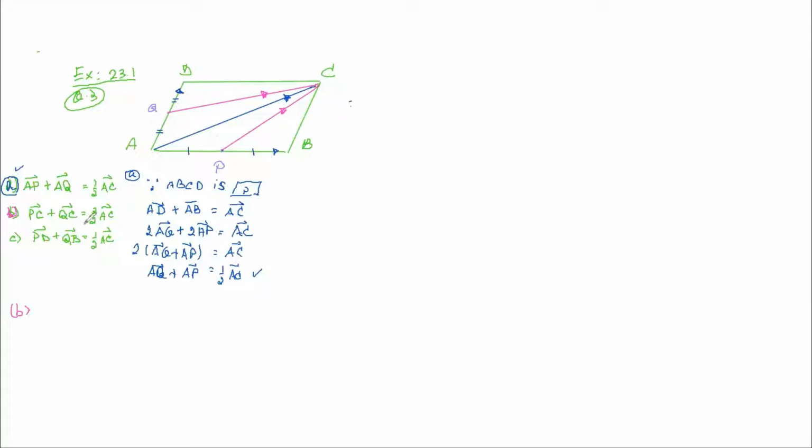Now we are going to do question B. We can observe any triangle which has PC and QC. For PC, we can use either triangle PBC or PAC. According to the letters, you can call it ACP or BCP; normally we call it according to the order of the letters.